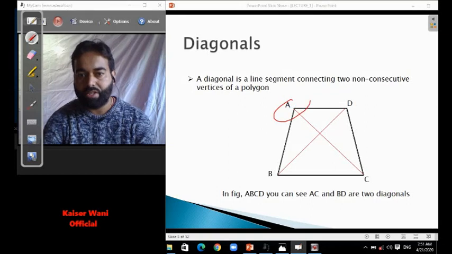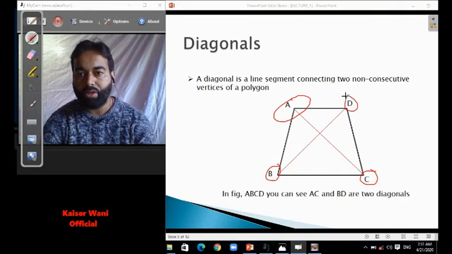What is a vertex? This is vertex A, this is vertex B, and this is vertex C, vertex D. So what are non-consecutive or non-adjacent vertices? Before going to teach non-consecutive, let's see what the consecutive and adjacent vertices are.